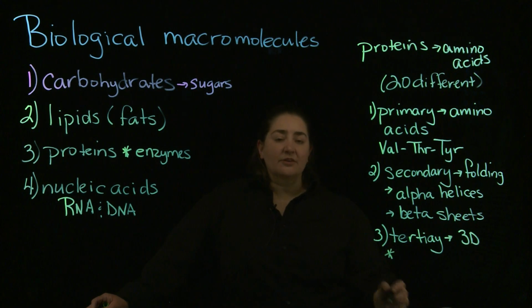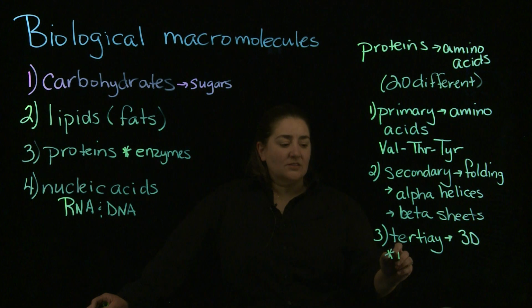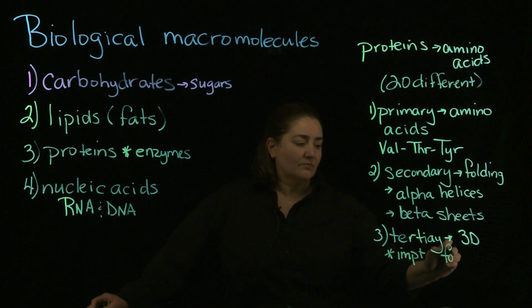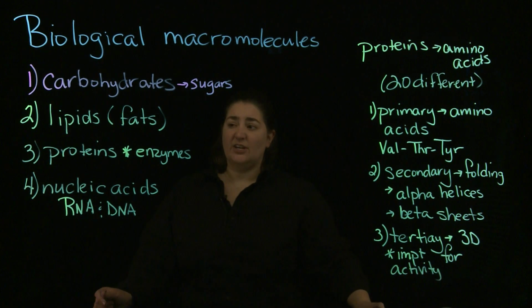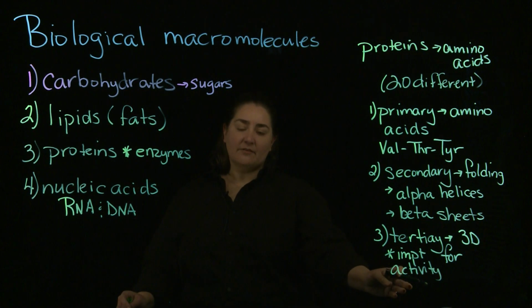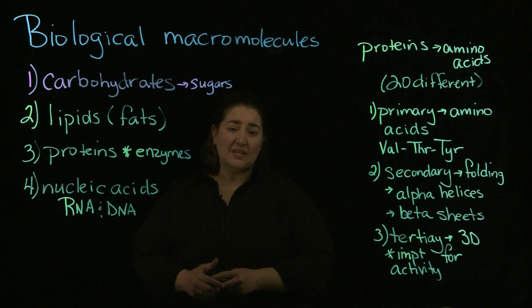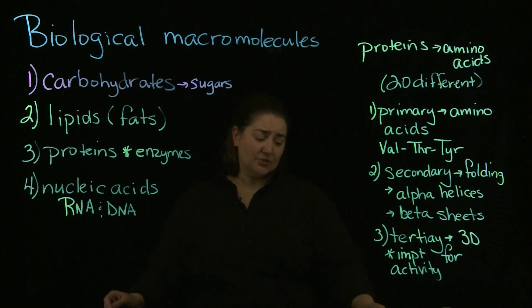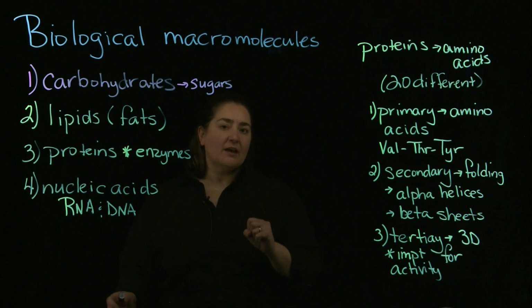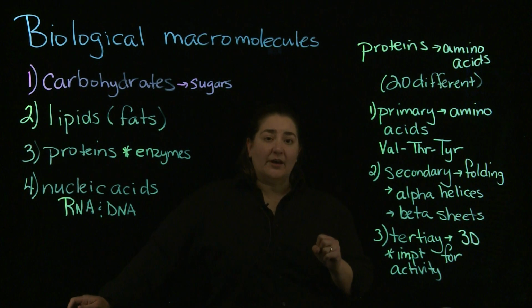Typically, the tertiary structure here is going to be important for activity, all right? So for our enzymes to function, they have to have the correct tertiary structure, all right? If they don't, those enzymes are likely to not be functional, all right? So those are the 3 layers that I'm going to have you worry about in microbiology.